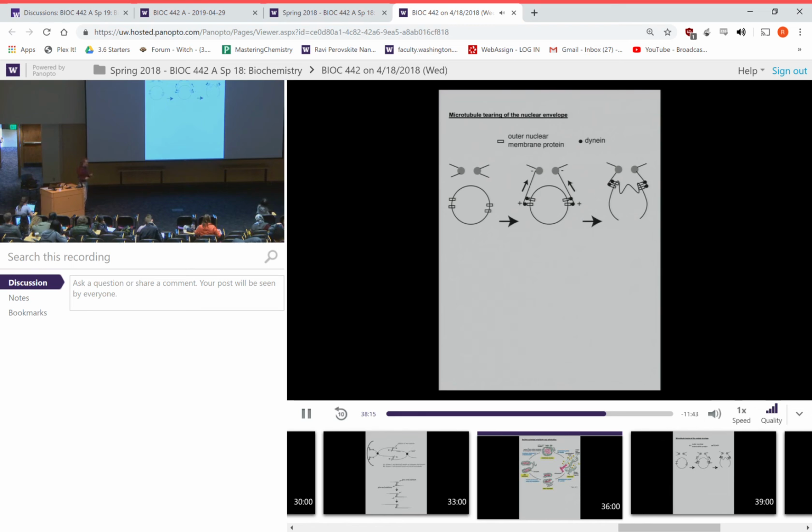And what they're doing is they're basically putting some force on the nucleus. Not much, just a little, but that's what causes the nuclear envelope to break apart. Okay, so just that little bit of force, because it no longer has the lamins underneath, is enough to cause this thing to shred.